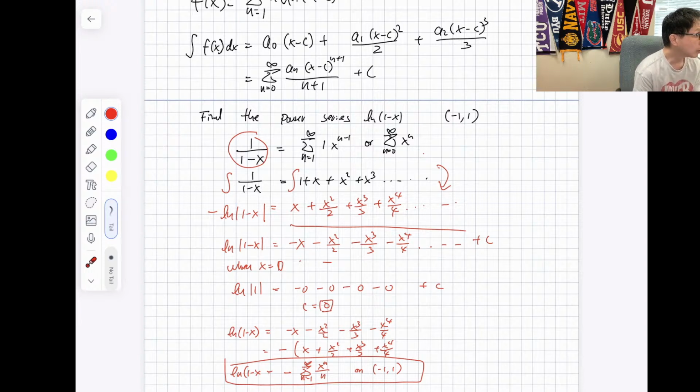Now, radius of convergence is not always -1 to 1. For example, sine of x, e to the x, and cosine of x are all from -infinity to infinity. So if you go with higher iterations, those can be represented truly by the power series.